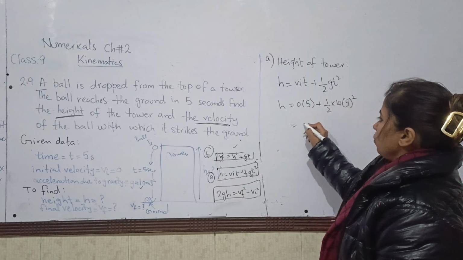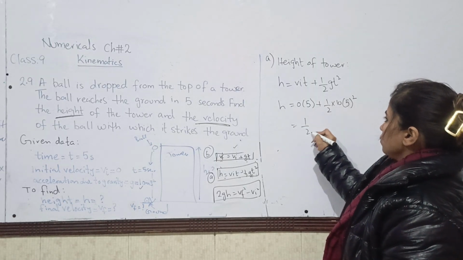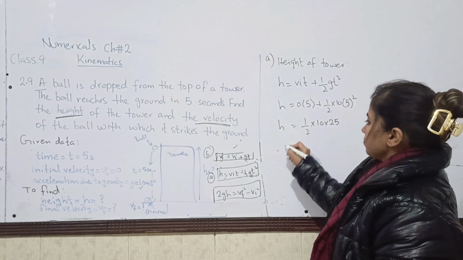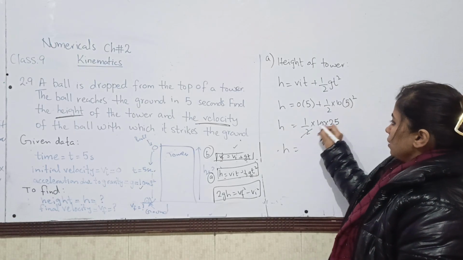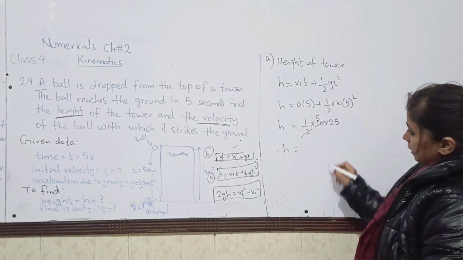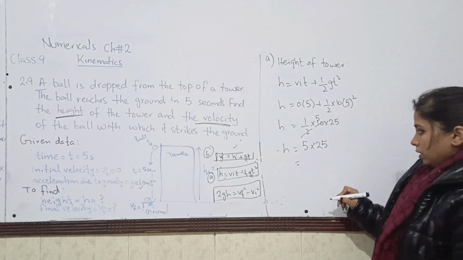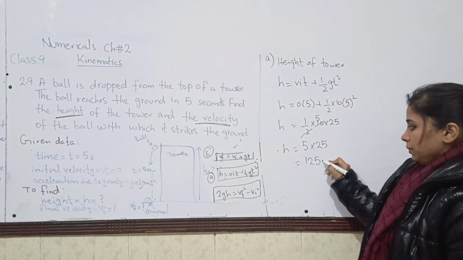So this will be 0, and now half into 10 into 25. 10 fives are 50, and then 5 into 2. So it will be 125 meter.